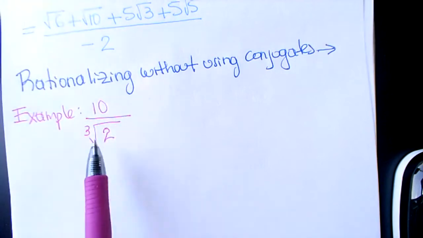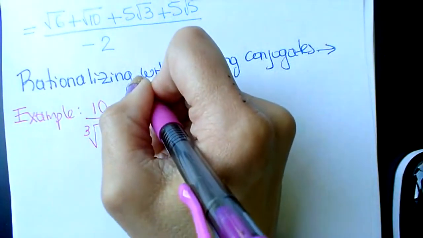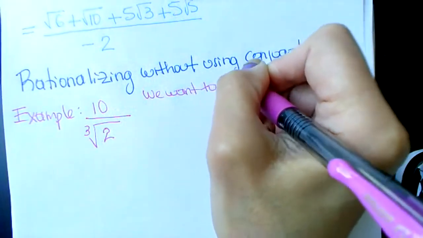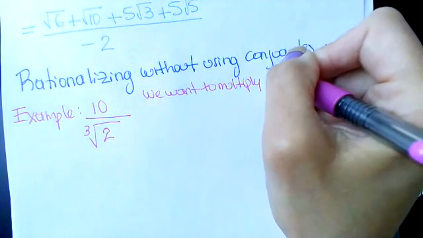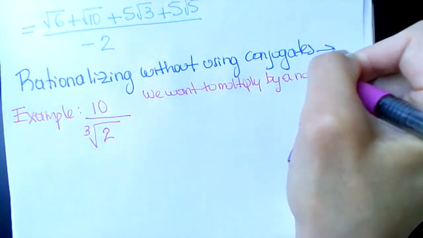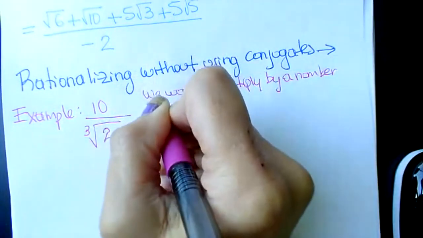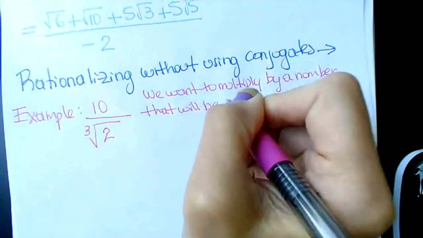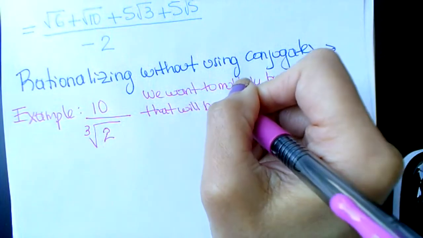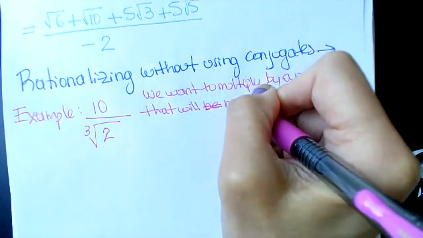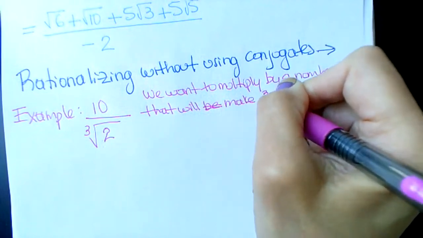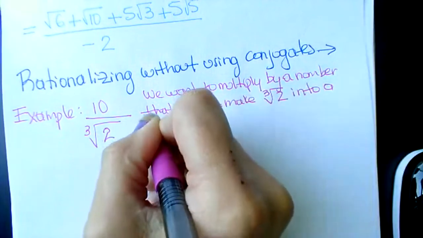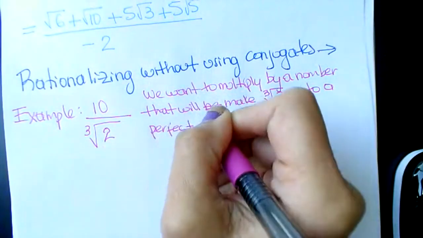So in this case, we want to multiply by a number that will turn the cubic root of 2 into a perfect cube.